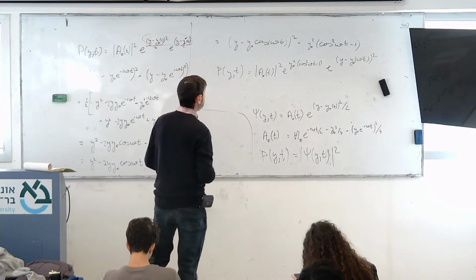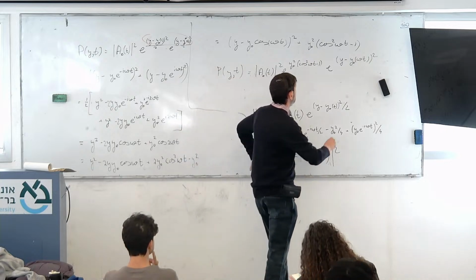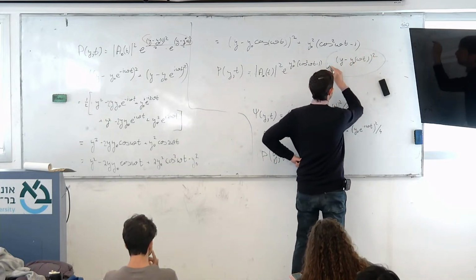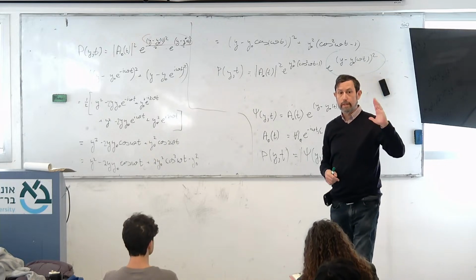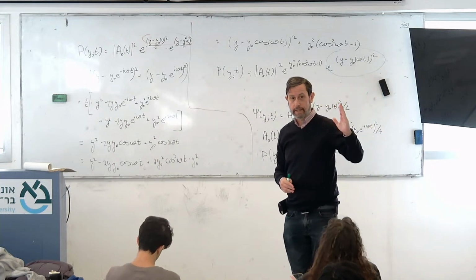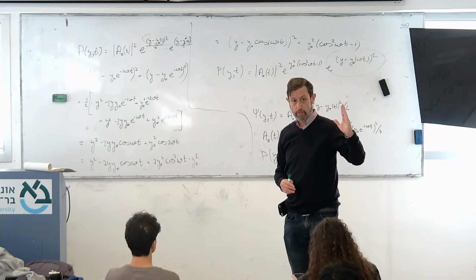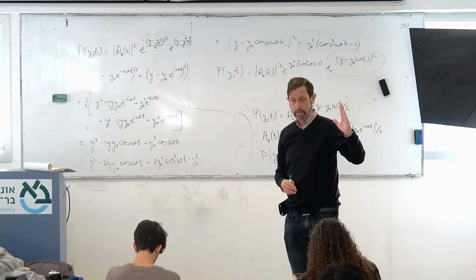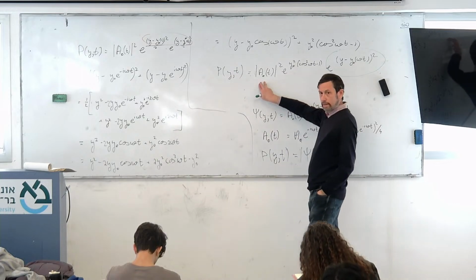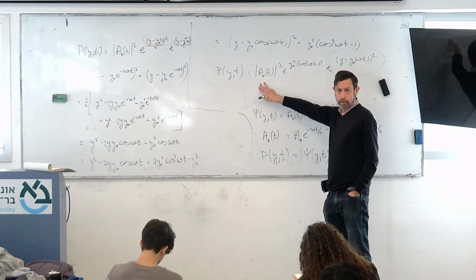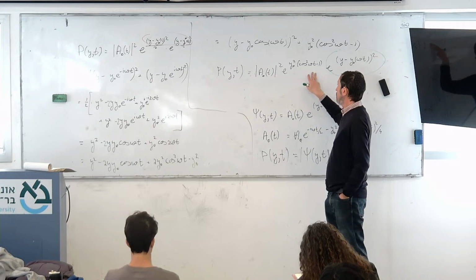So the Gaussian with a center around the classical position remains, but there is some normalization that is t-dependent.